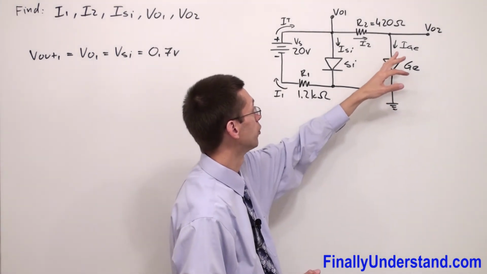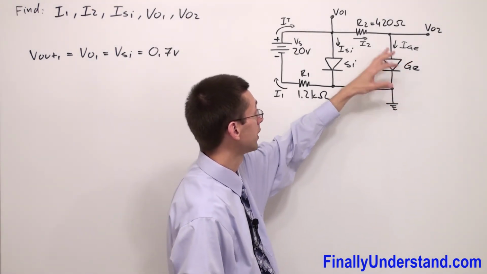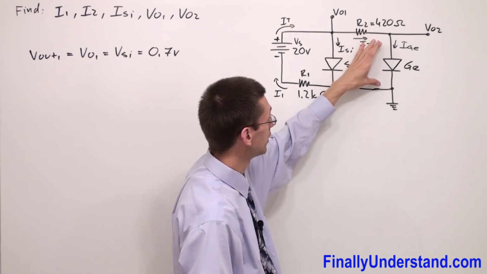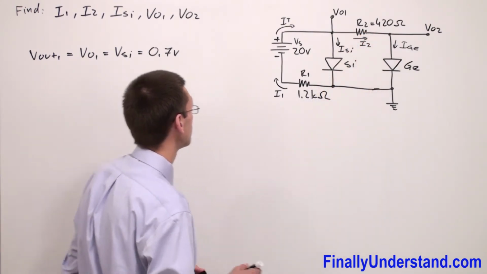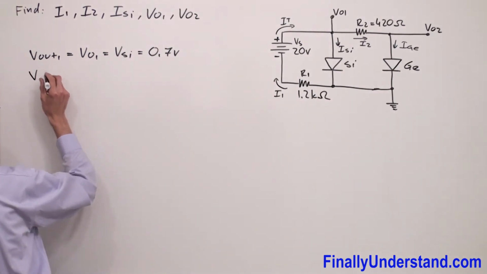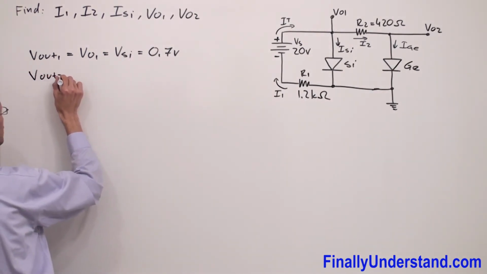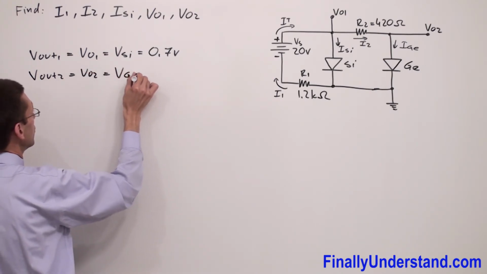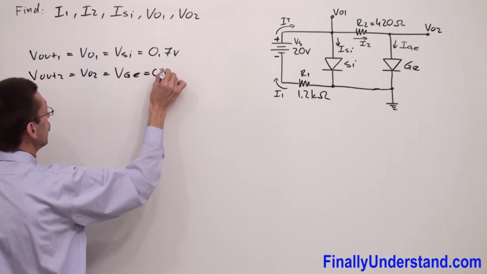And the output voltage 2 is taken from across the diode. So it means that V out 2 or VO2 is equal to V germanium, which is equal to 0.3 volts.